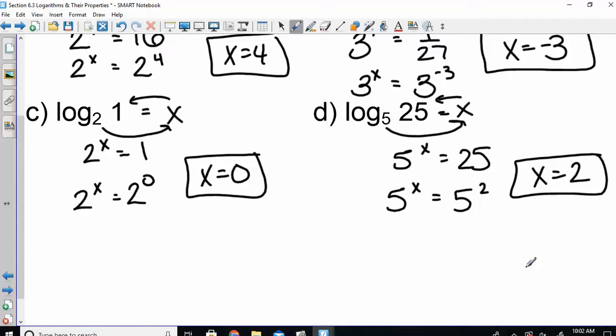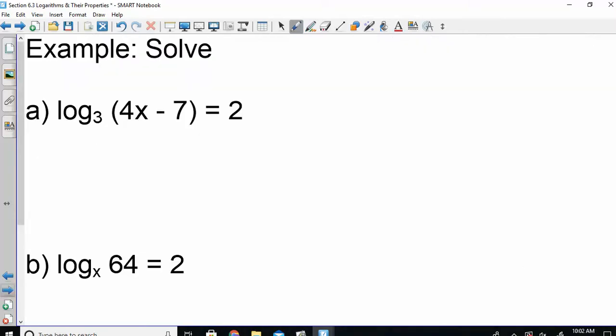So I want to start solving equations with logs in. So here is our equation. I probably can't just look at this one and know the answer.